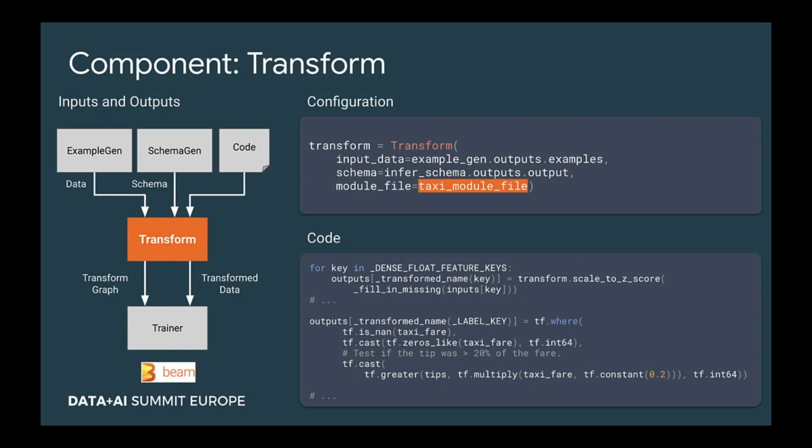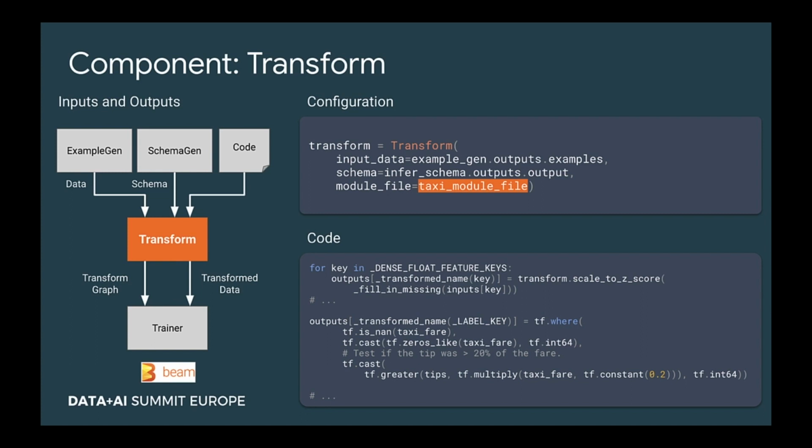The next component that we're going to talk about, we're skipping over a couple, is Transform. Transform is where you do feature engineering. And again, we're using Apache Beam to distribute that processing across a compute cluster. So the configuration for Transform is fairly simple.